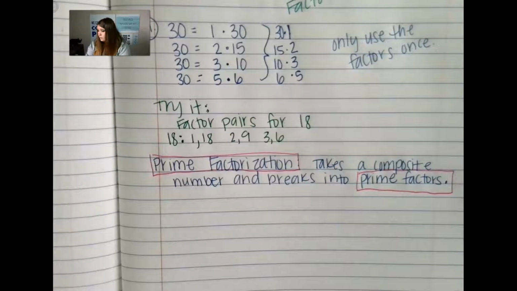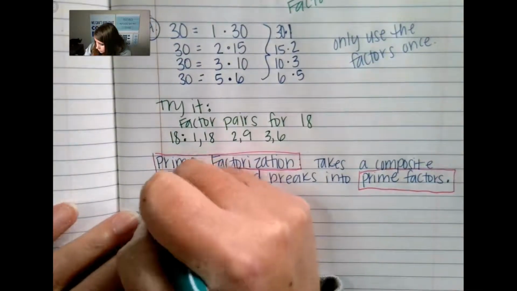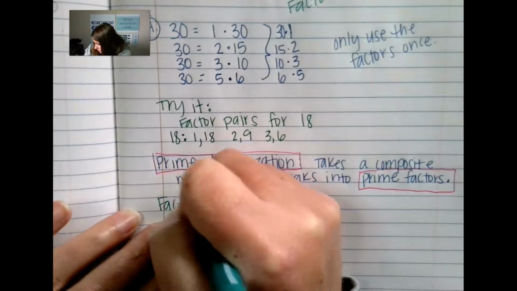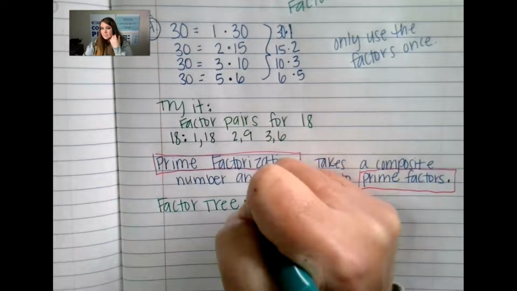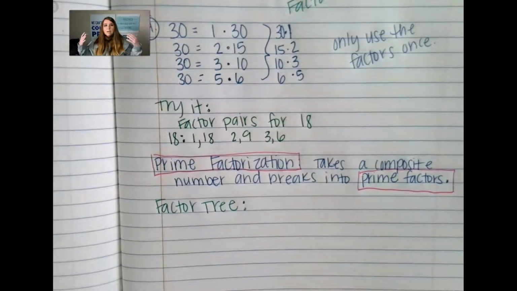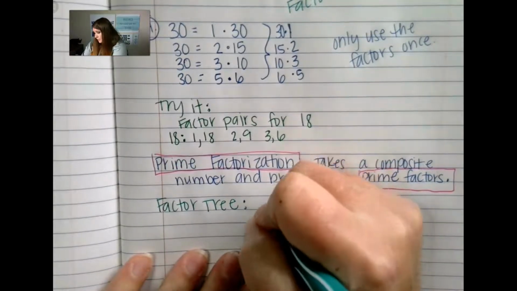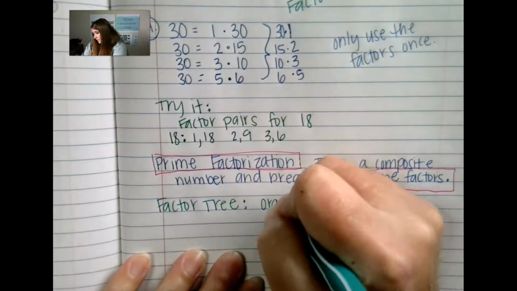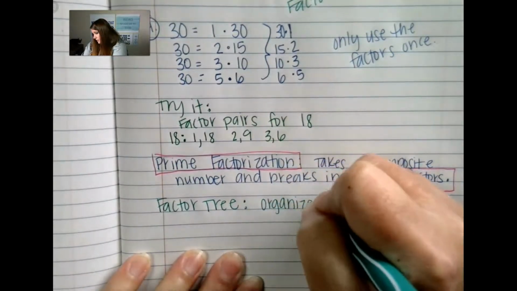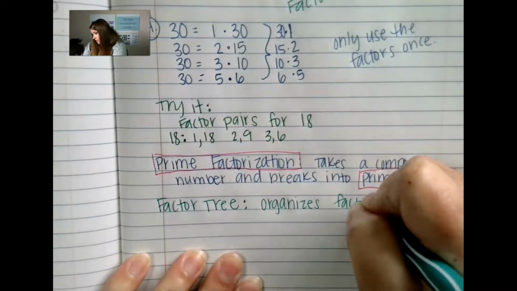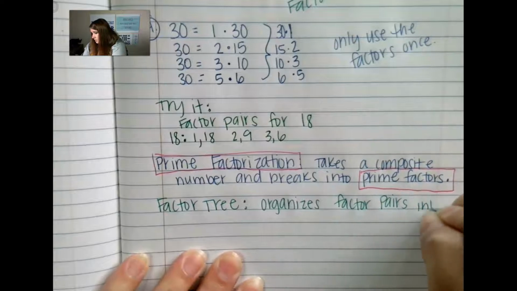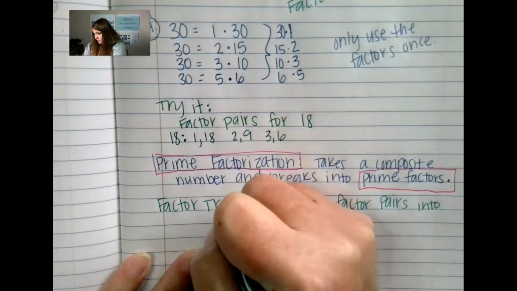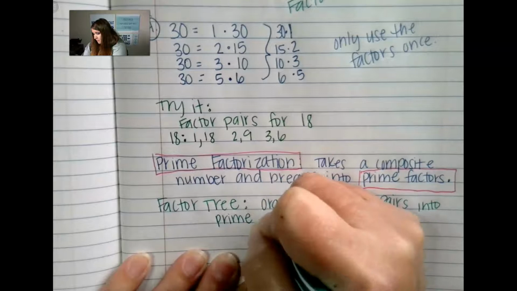Our next word that we're going to look at is called a factor tree. A factor tree is a way to organize all of the information. A factor tree organizes factor pairs into prime factors.